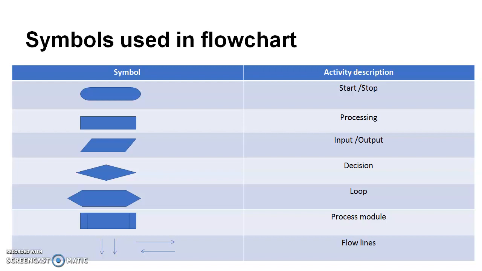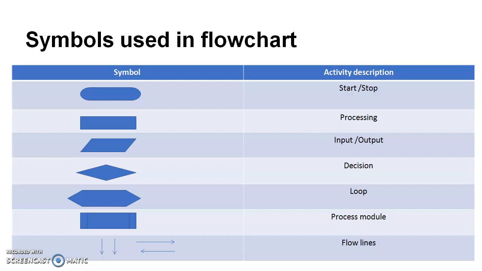The input and output symbol is used to accept the input from the user and to display the output to the user. There is a decision symbol which has a specific condition specified in the decision box.